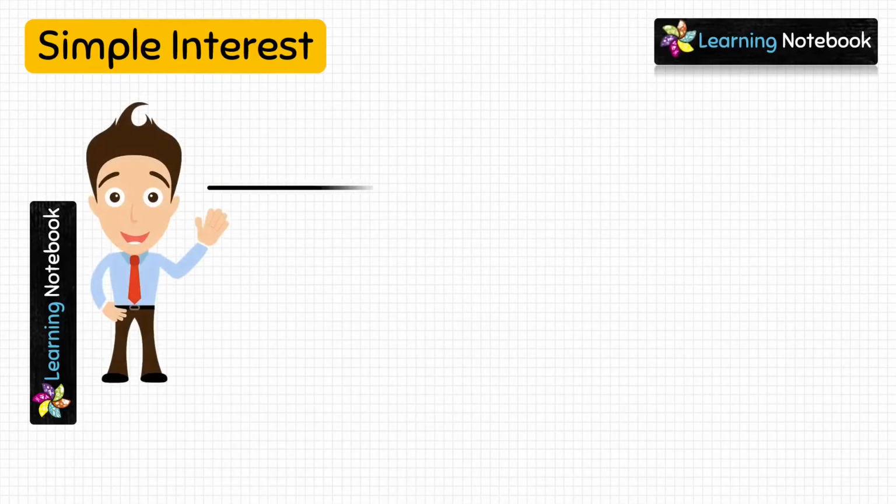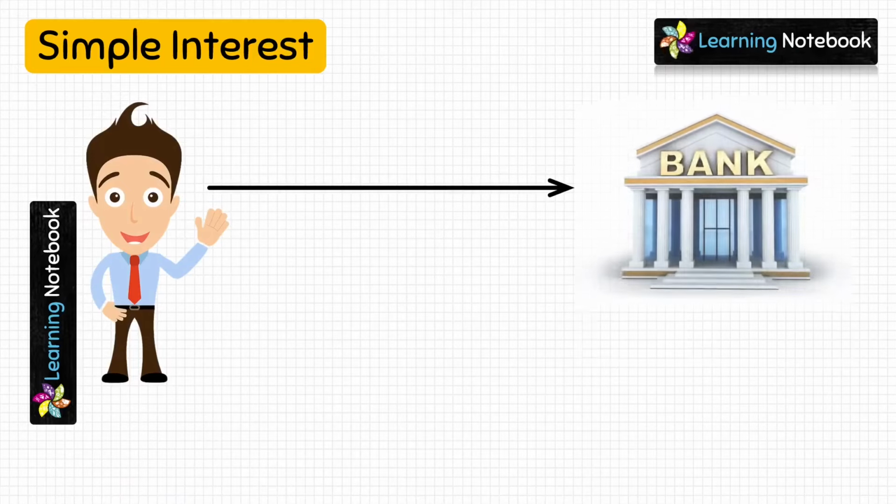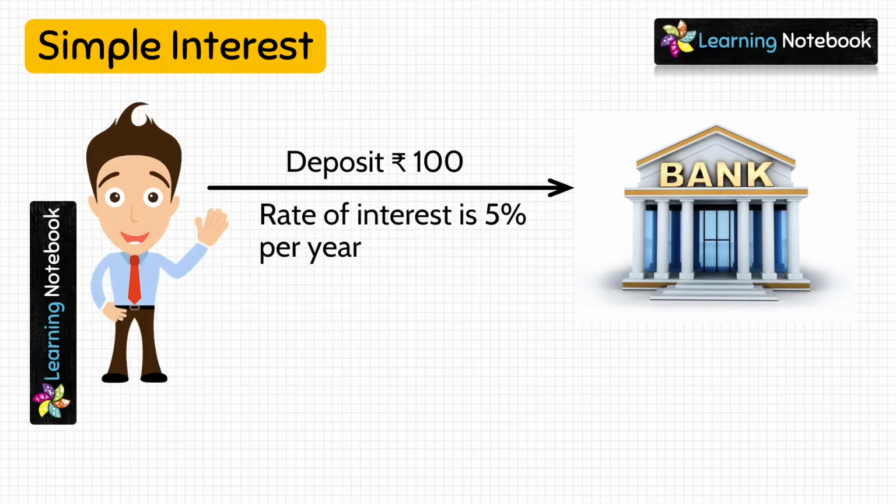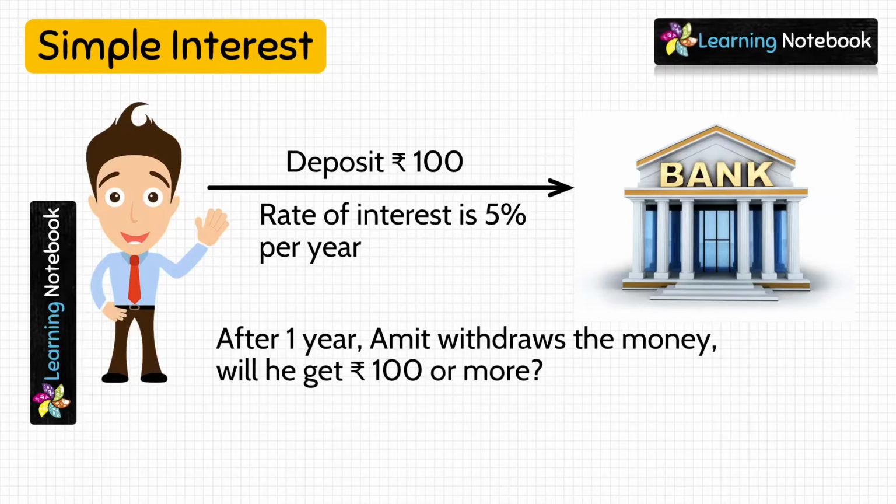Suppose Amit went to a bank to deposit rupees 100 for 1 year at the rate of interest of 5% per year. Now, at the end of the year, he again went to the bank, but this time to withdraw his money.